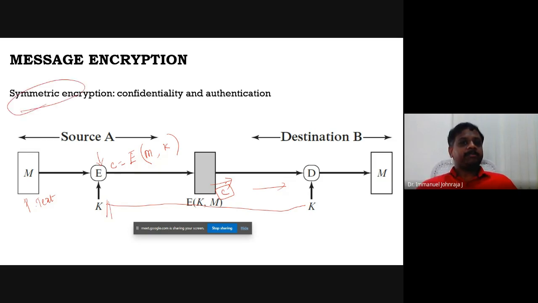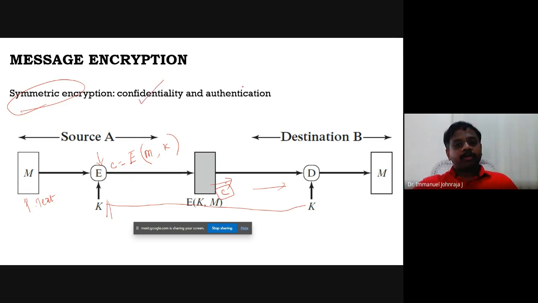Because it's a symmetric encryption, the key which is exchanged between the sender and the receiver, or the source and the destination in our explanation, can only be used for decryption, so that somebody who does not possess this key cannot decrypt it. All right. Here you are able to achieve confidentiality.